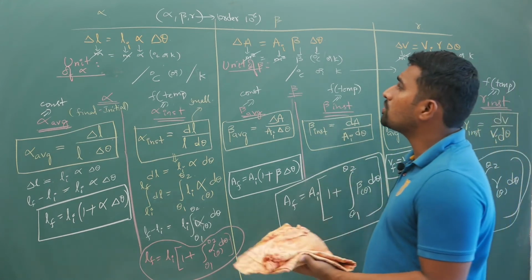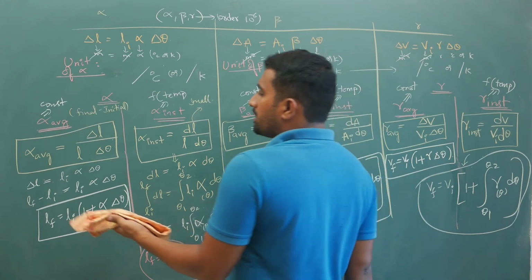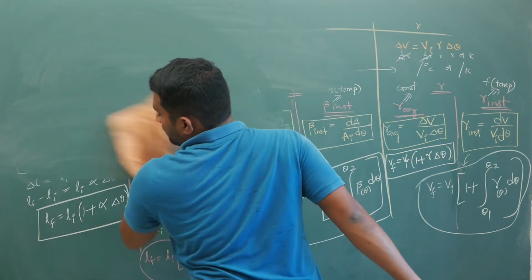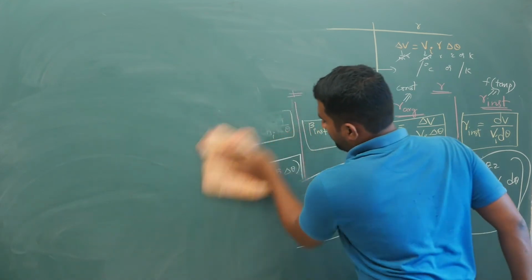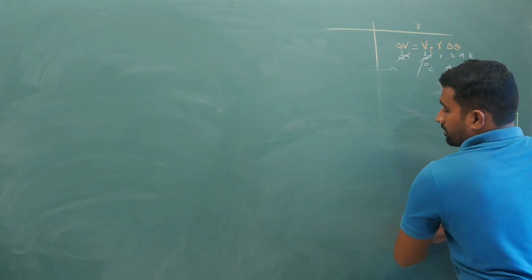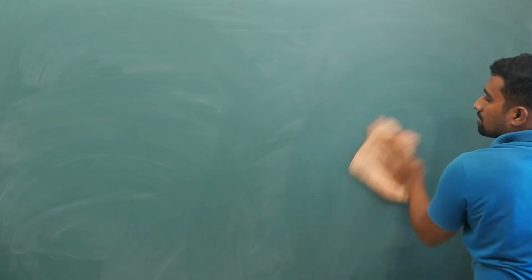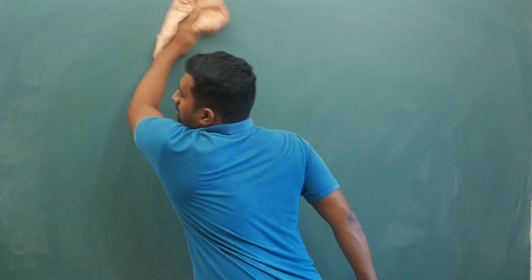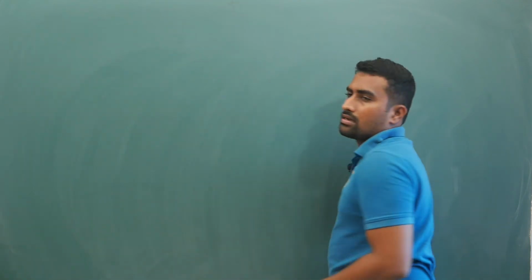Based on this I will try to do a question, but before that I need to explain the relation between alpha, beta, gamma. So the next heading is relation between alpha, beta, gamma.